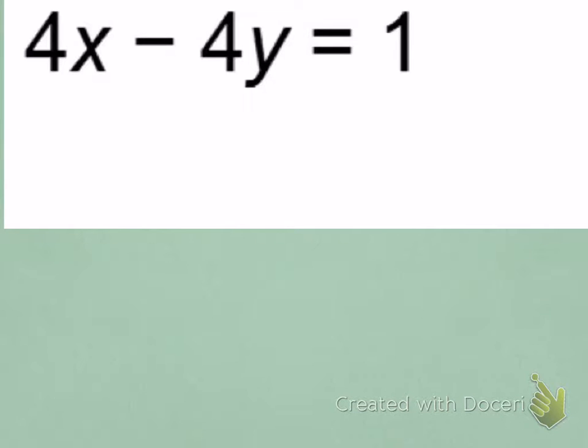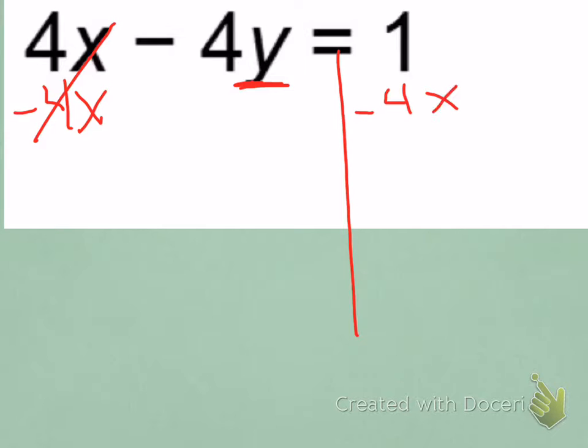Let's try this one. Once again, we're going to solve for y. So we're going to save the variable for last. So right now the 4x is positive, so we're going to do minus 4x. So on the left side, I'm left with negative 4y equals 1 minus 4x.